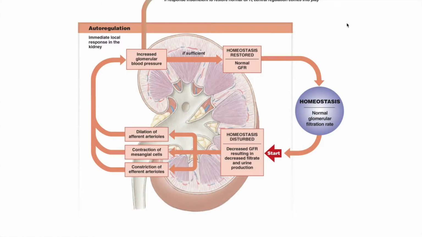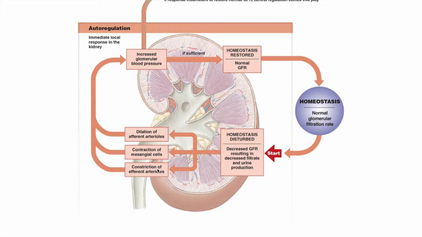The glomerular filtration rate, or GFR for short, is the amount of filtrate produced each minute. And the kidneys maintain a normal GFR by autoregulation and central regulation. So if the GFR falls, autoregulation can increase glomerular blood pressure by dilating afferent arterioles, as we see right here, contracting mesangial cells, or constricting efferent arterioles.